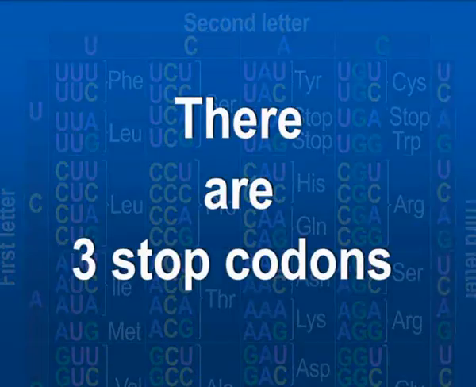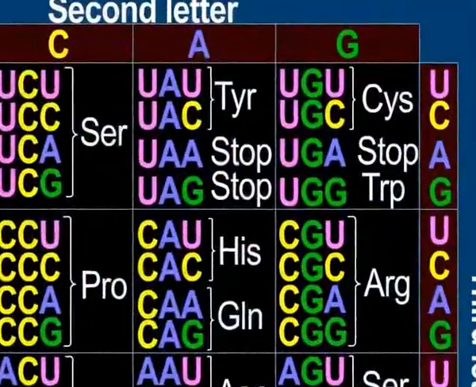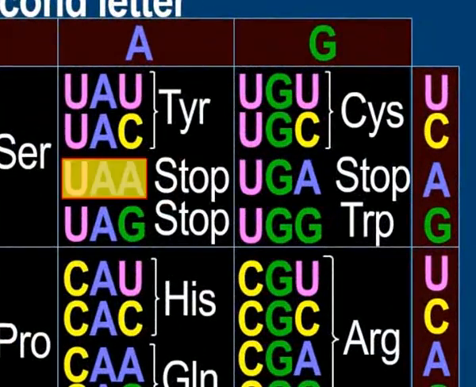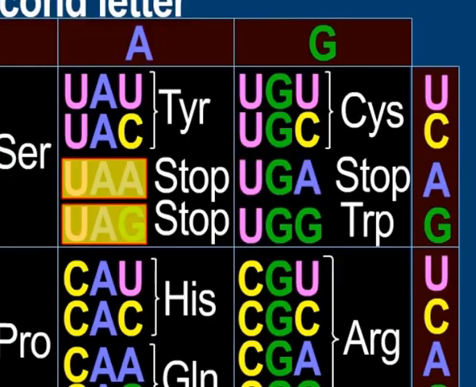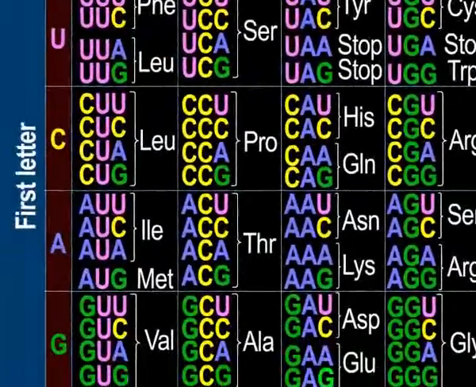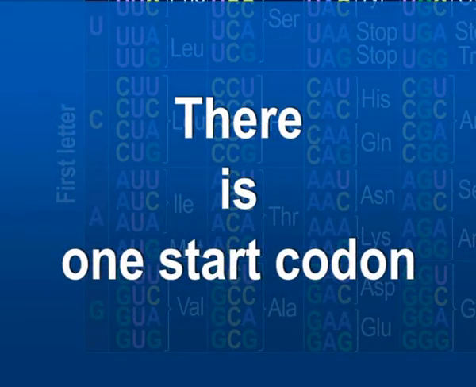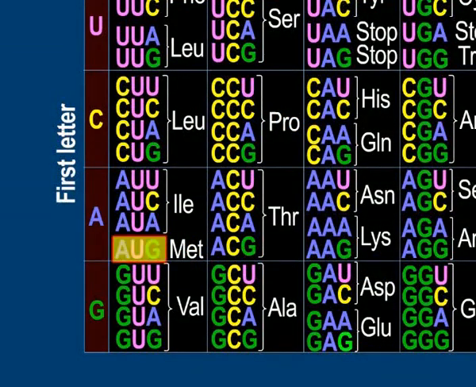There are 3 stop codons: UAA, UAG and UGA. There is one start codon, AUG. However, note that GUG and UUG are occasionally found as start codons.